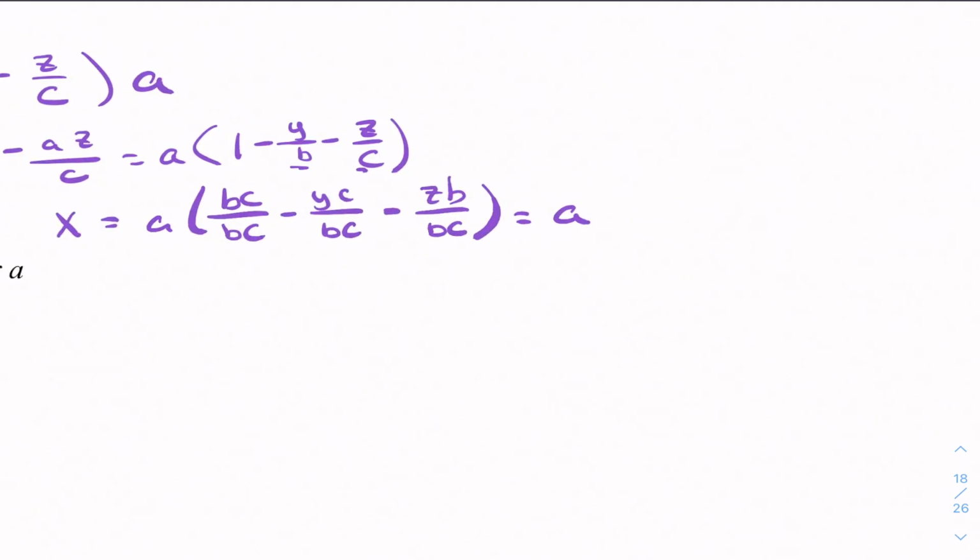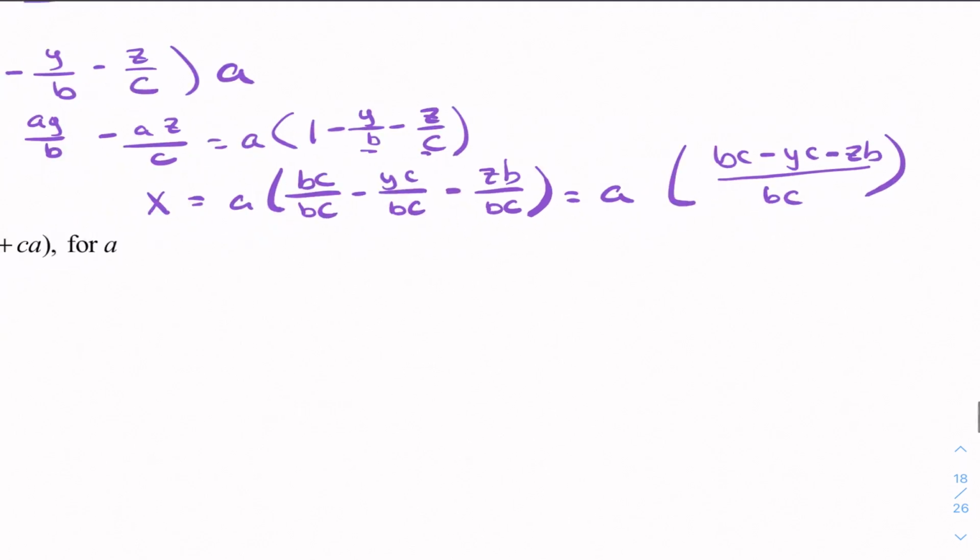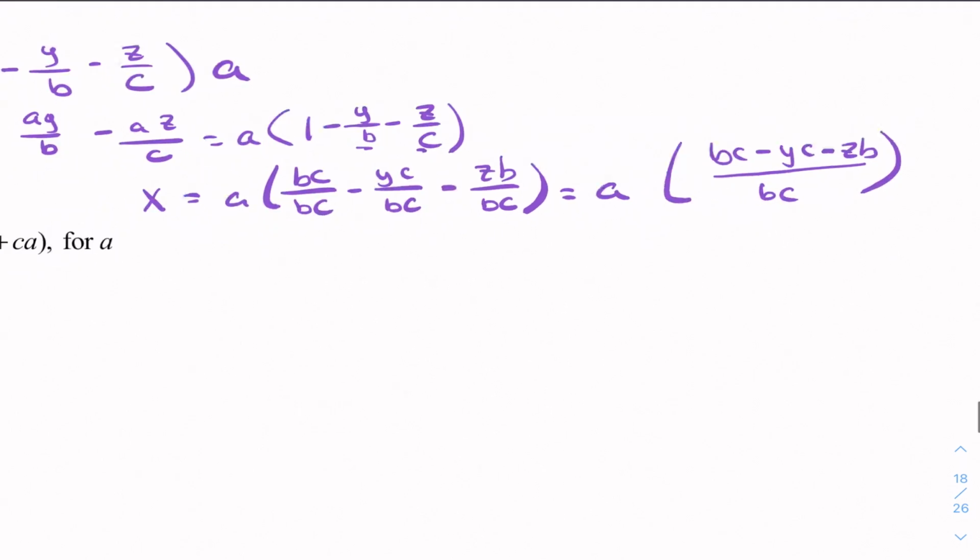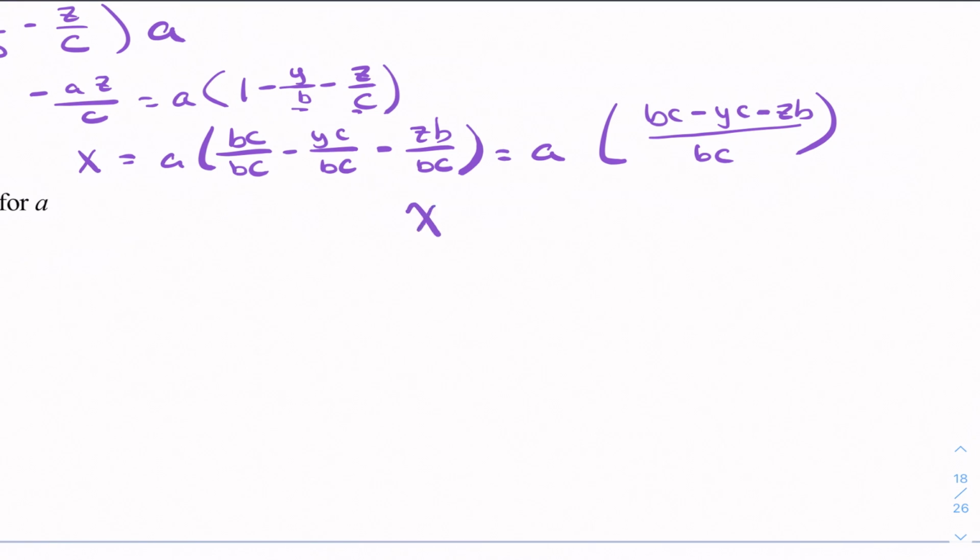So that would be a on the outside, and then we would have bc minus yc minus zb all over bc. And once we have a fraction on one side, we can just multiply by the reciprocal. So we'd be left with a equals x times bc over bc minus yc minus zb.